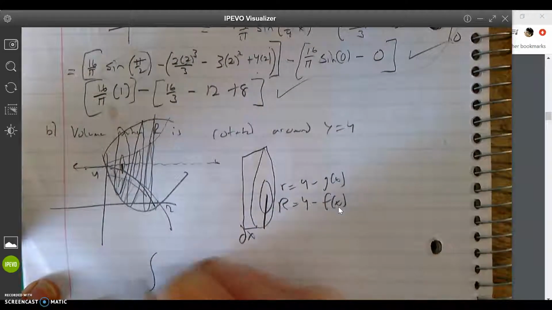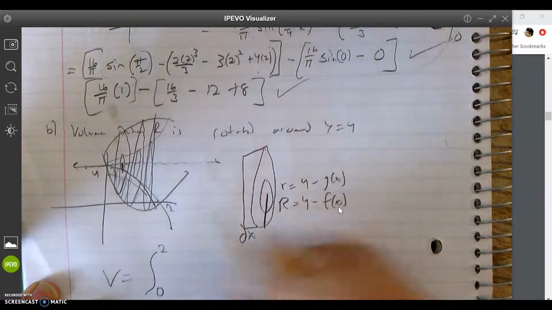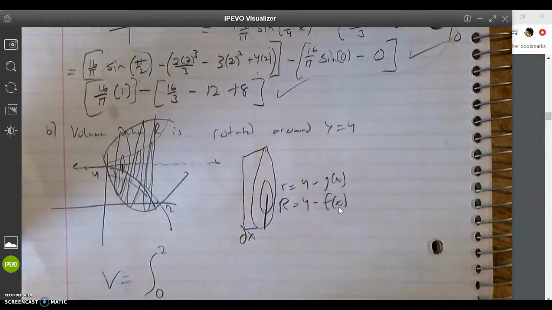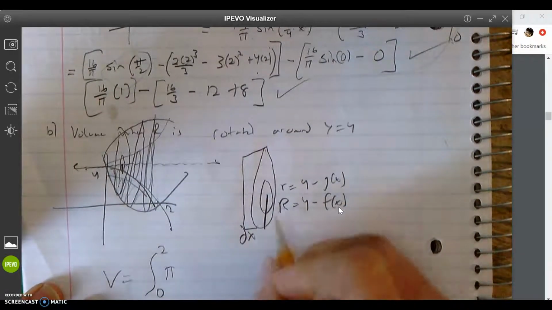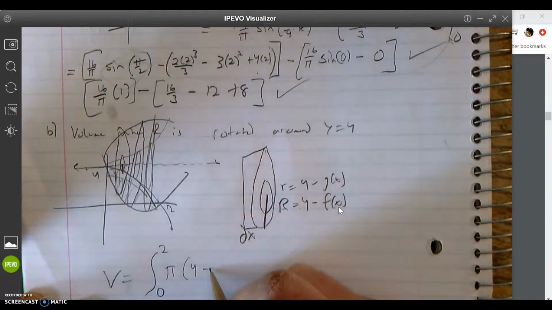So it's going to be the integral between 0 and 2, because there's an infinite amount of small little slices between 0 and 2, of pi r squared, the big R. So that's 4 minus f of x.